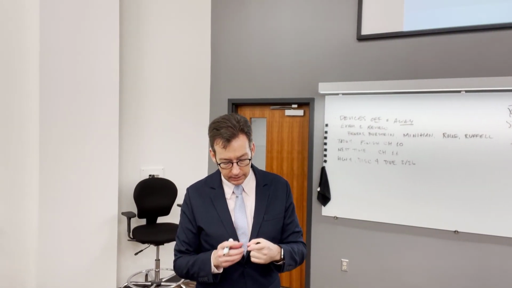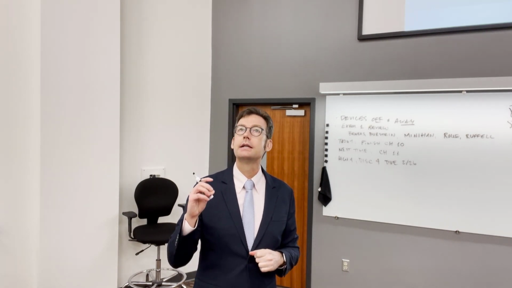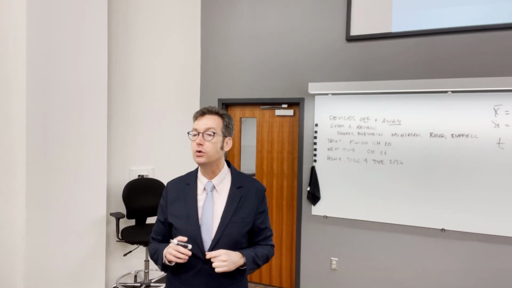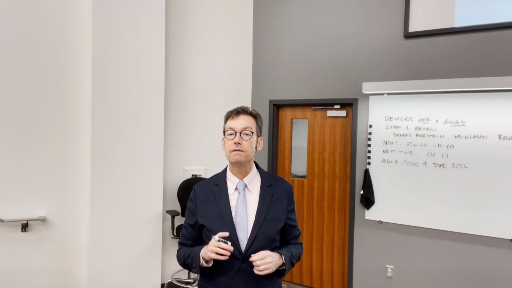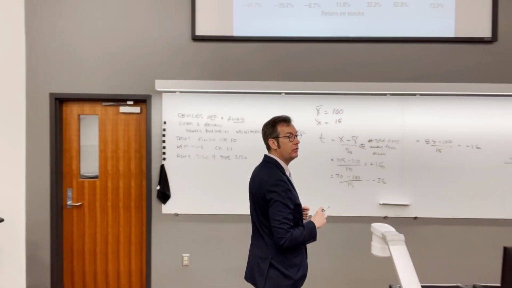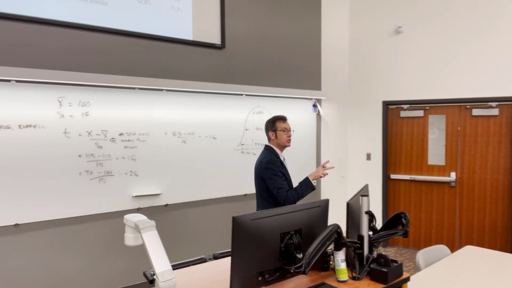Okay, now let's do another little experiment here. Let's say that you are a genius. You have an IQ of 145. And my question to you is, what percentage of the world population is smarter than you?